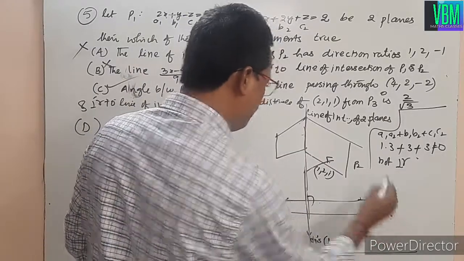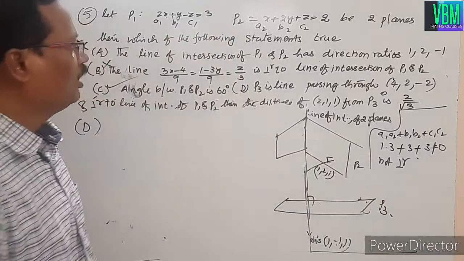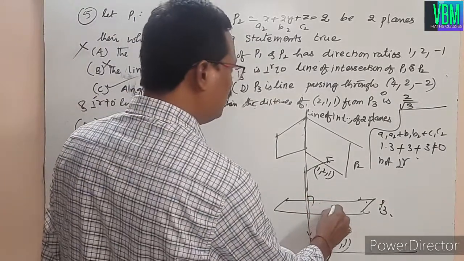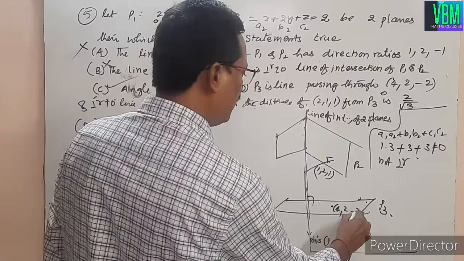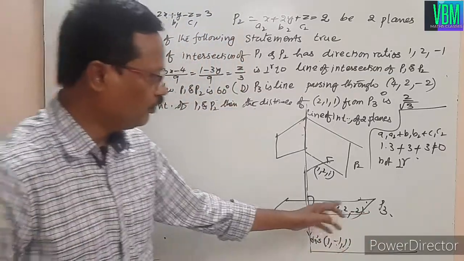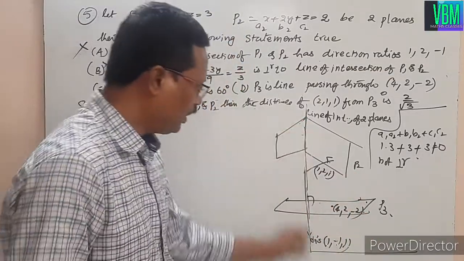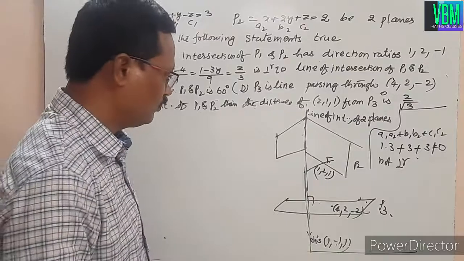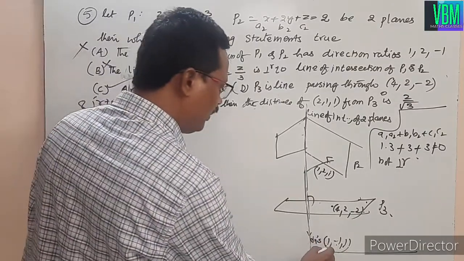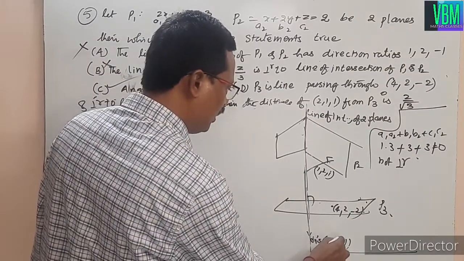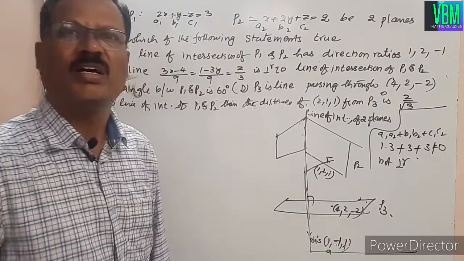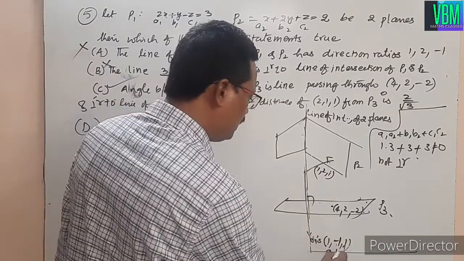See, that P3 plane passes through 4, 2, minus 2 and is perpendicular to this line of intersection. Now the line of intersection's DRs are 1, minus 1, 1.